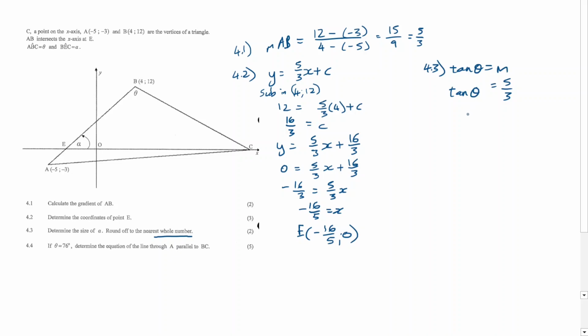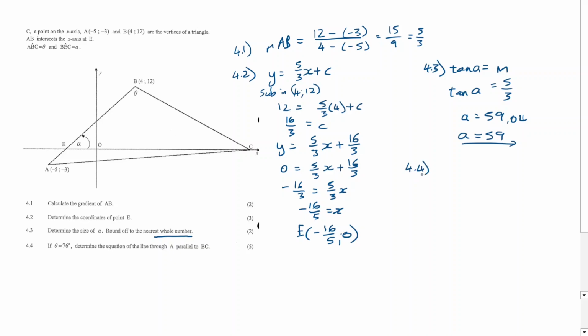And if you ever need an angle, you're going to press shift. And then just to be fastidious, I'm going to change this formula to tan A, because I've got thetas and A's, and I don't want to get confused later. So when I shifted, I got an answer of exactly 59.04, but they wanted it to the nearest whole number, so that would be 59.